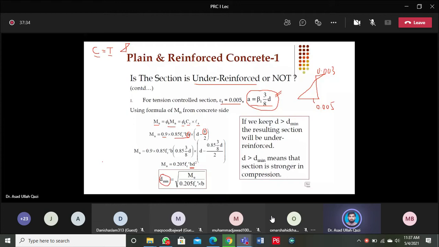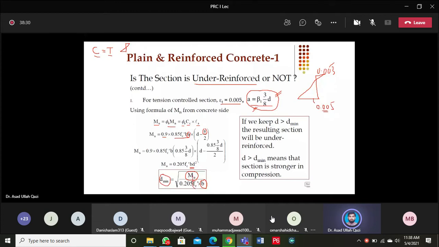So this equation then will tell me that if I want crushing in concrete corresponding to 0.005 in steel and a neutral axis depth which is ideal, that is 3 over 8 d, or a equal to beta 1 times 3 over 8 d, then this must be the d of the cross section against a demand of Mu, for a cross section with width b in a reinforced beam with concrete grade fc prime.